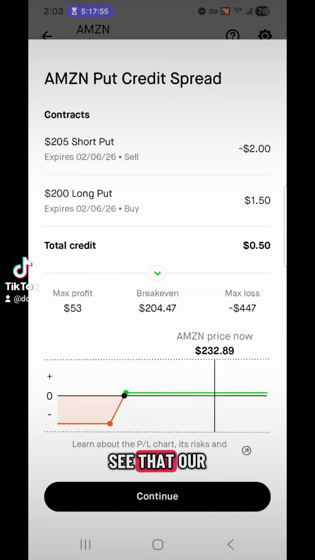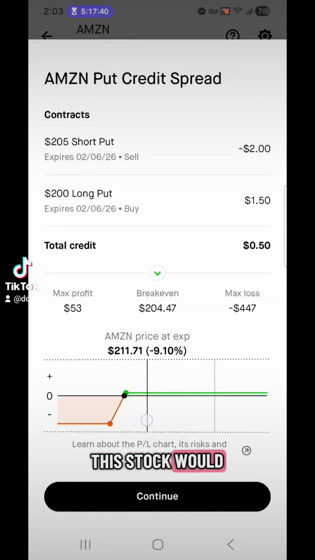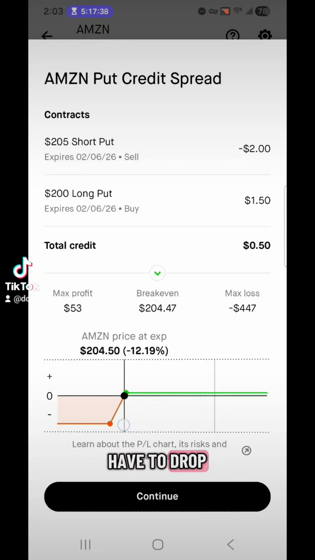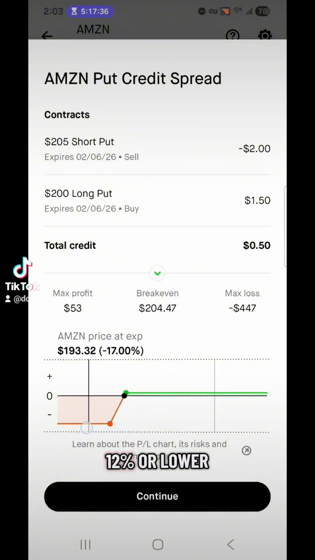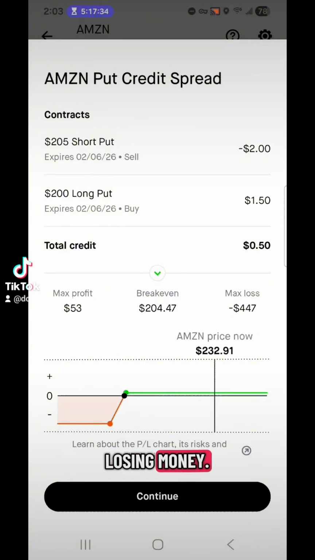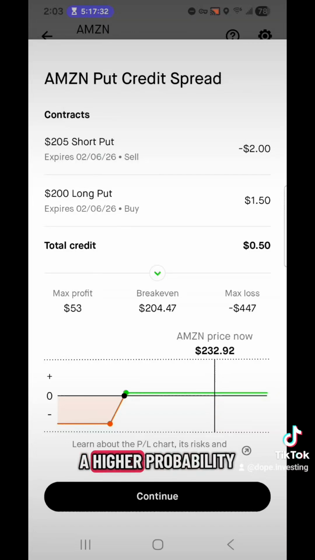So you can see that our max loss to max profit ratio is about 9-to-1, which is high for me. Normally I like to have a ratio of 4-to-1 or better. But on the other hand, this stock would have to drop 12% or lower before I start losing money, so this has a higher probability of profit.